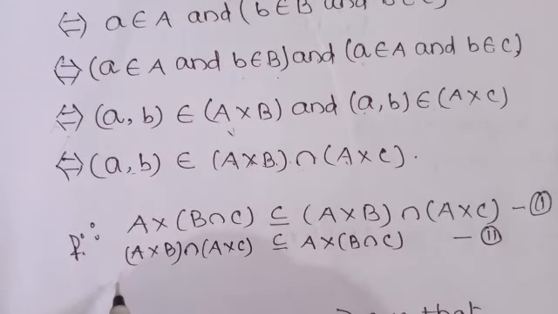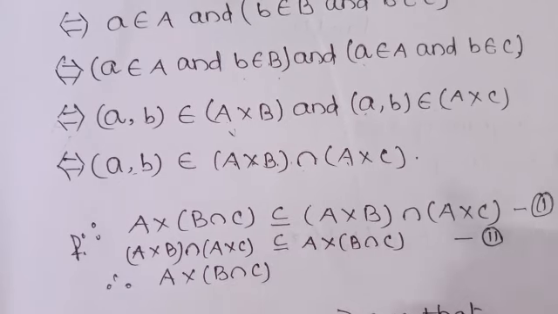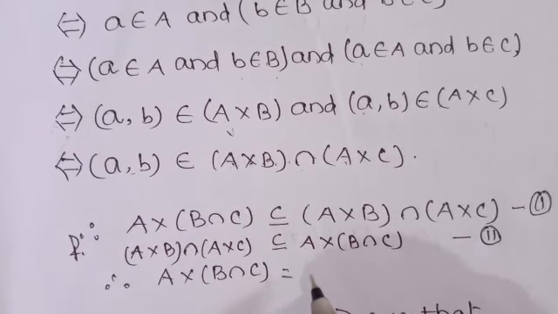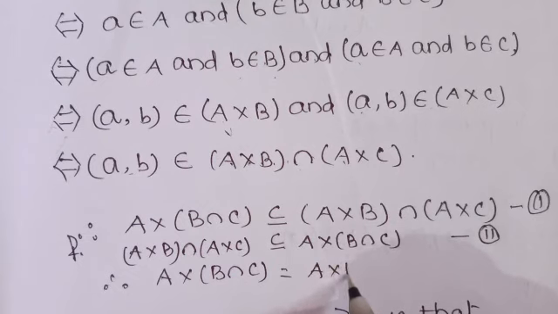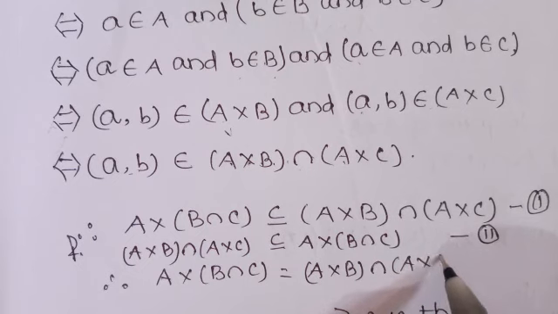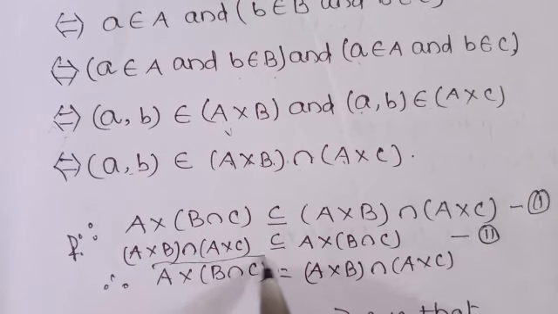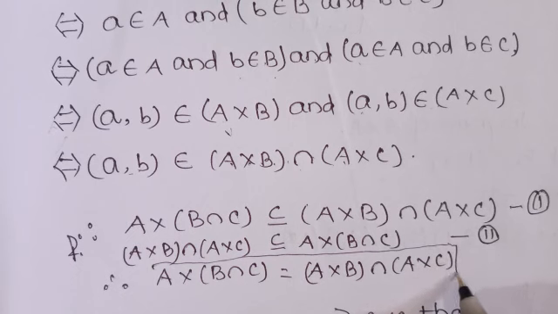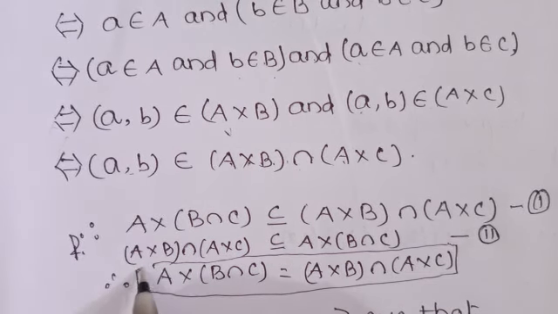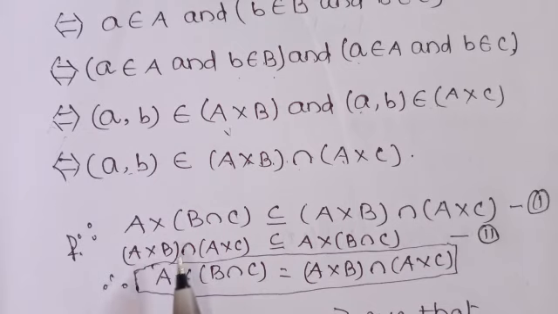So from 1 and 2 we can say that A cross (B intersection C) is equal to (A cross B) intersection (A cross C). So this is your result, and this is actually the distributive law, that is A cross is distributed over B and C.